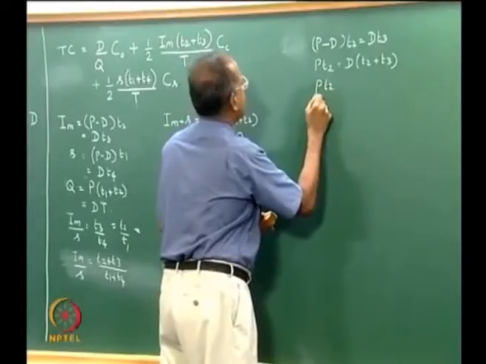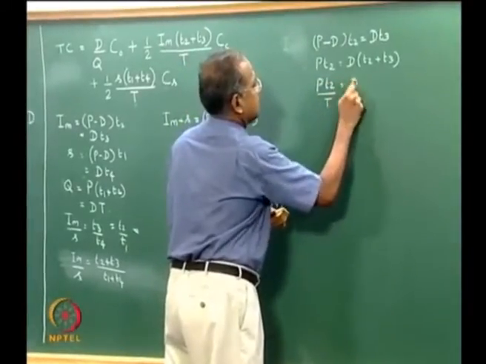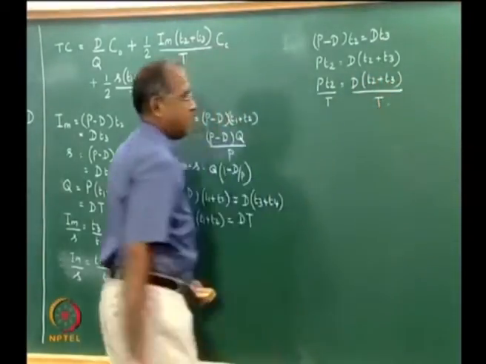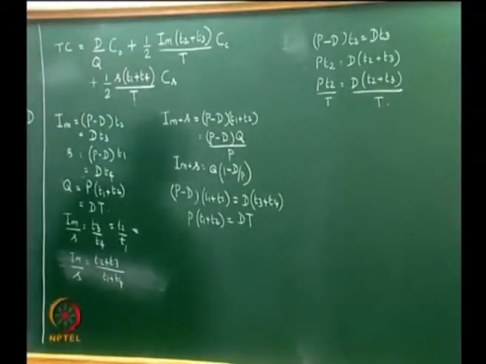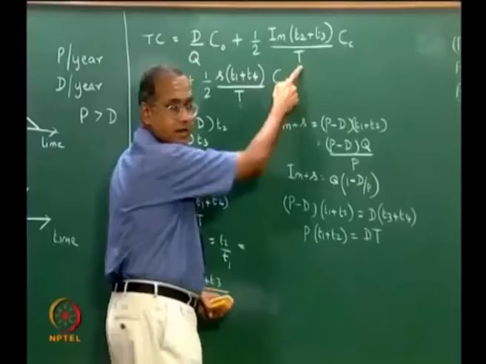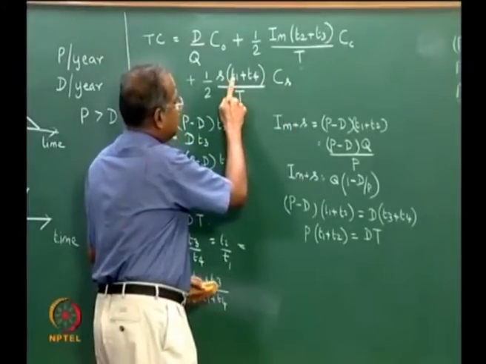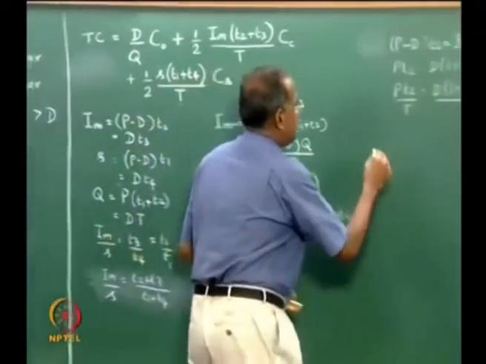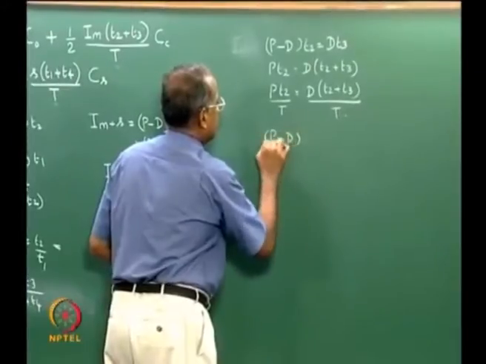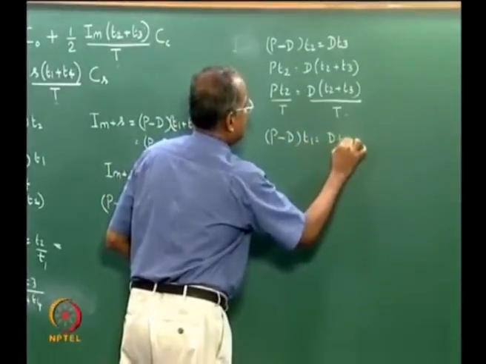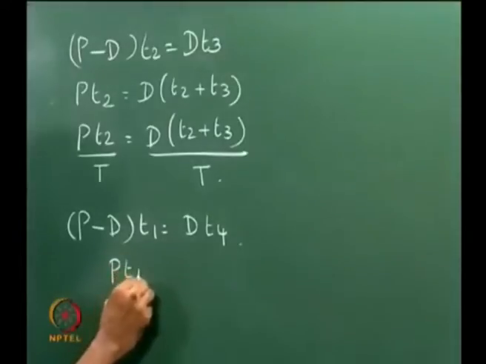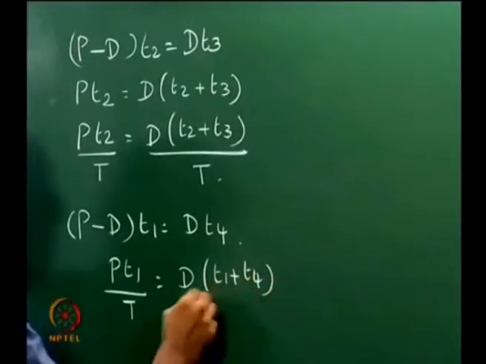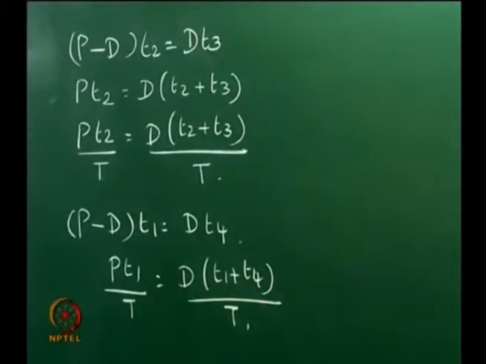So, P into T2 by T is equal to D into (T2 plus T3) divided by T. So, we have an expression for (T2 plus T3) divided by T here. We also need an expression for (T1 plus T4) divided by T, which comes from (P minus D) into T1 is equal to D into T4, from which P T1 by T is equal to D into (T1 plus T4) by T. So, we have that.